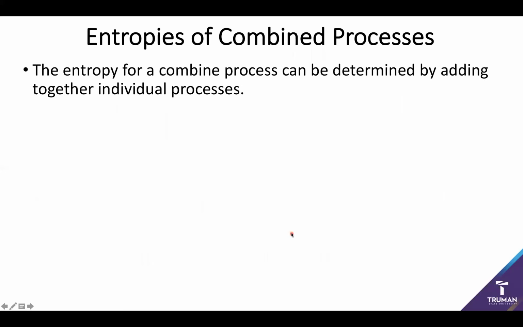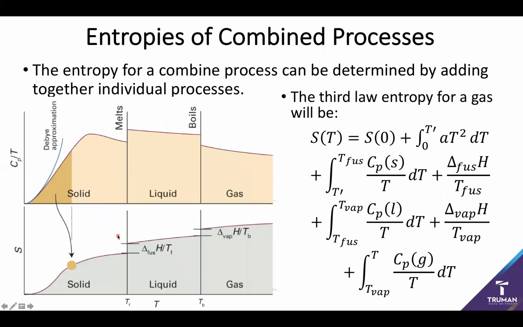Using this fitted Debye parameter allows us to develop what's called our third law entropies. So we can again make use of what we know of combining entropic processes. I can determine the entropy of a substance at any temperature by adding together our relevant terms. First of all, we know that the entropy at 0 degrees Kelvin should be 0, or potentially another value depending on the non-crystalline behavior of our solid.